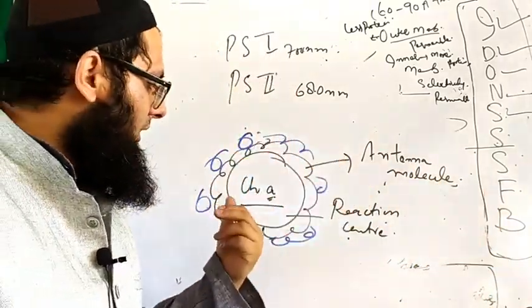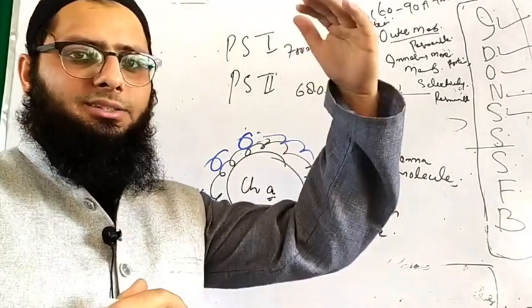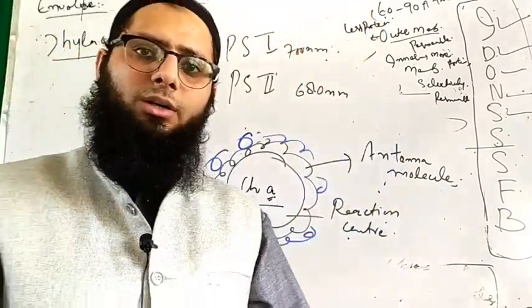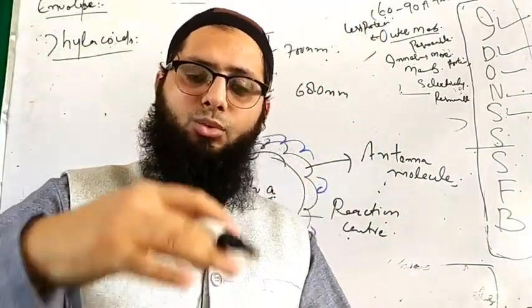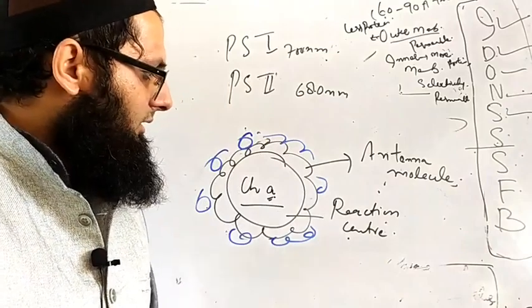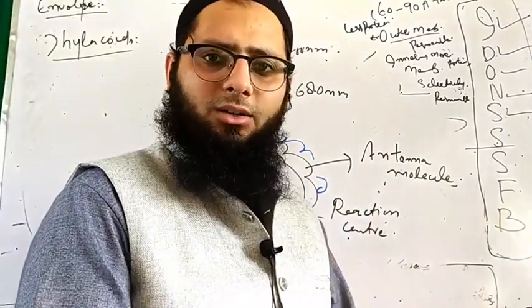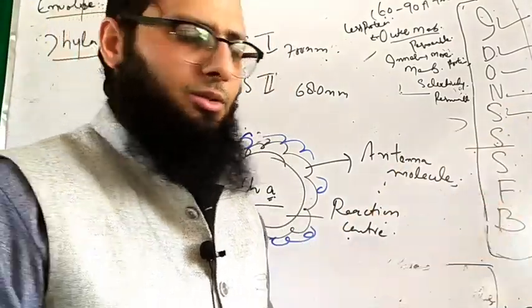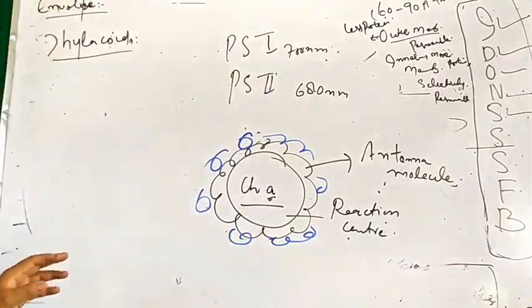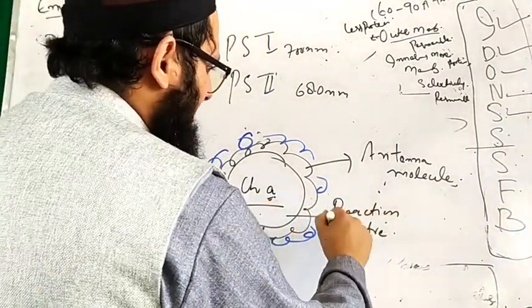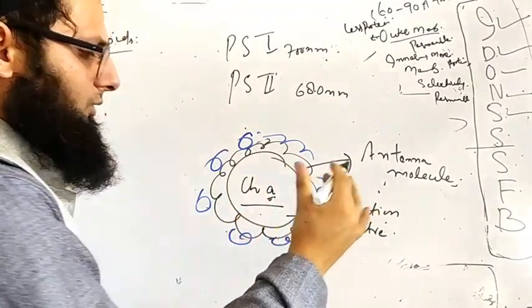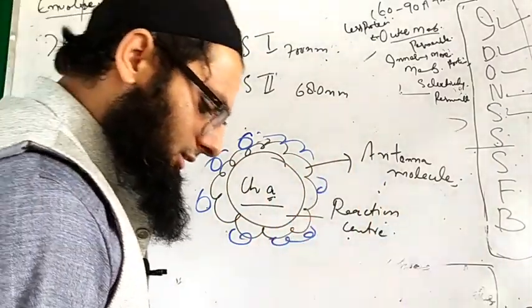There we will see how the electron is excited, then knocked out, and how this electron moves down the chain through this ETC complex and all. That is to be discussed in another part, as photosynthesis. Here what you have to remember is chlorophyll A at the center is called the reaction center. It is surrounded by the antenna molecules: chlorophyll, carotenoids, chlorophyll B, others.